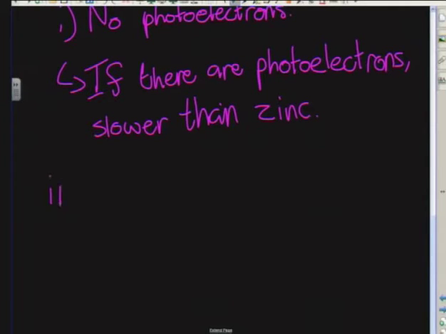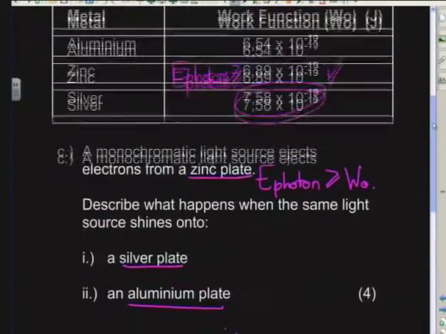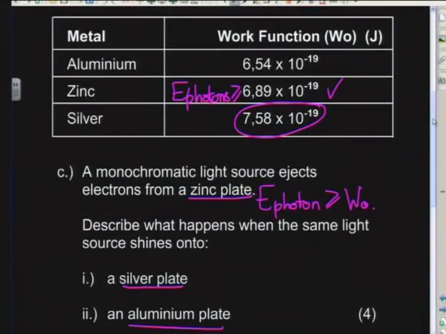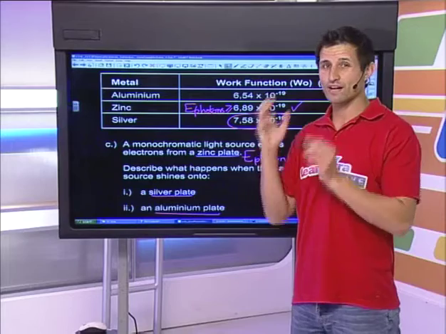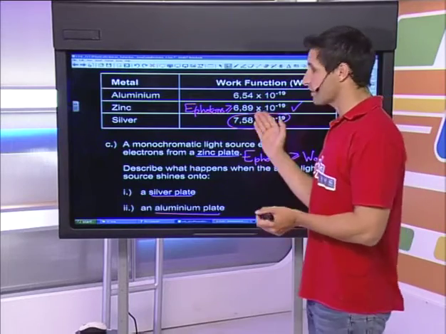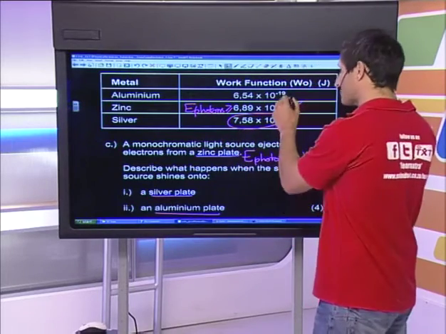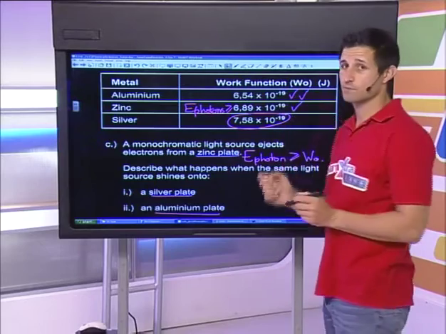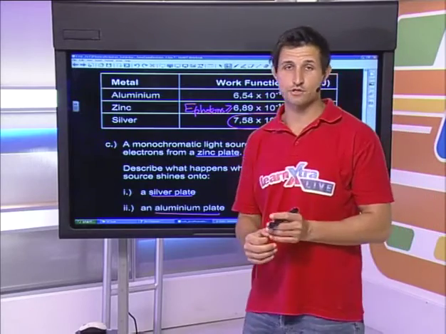Now, what about the surface of aluminium? Let's go back to our table. Aluminium requires even less than zinc. So if it's good enough for zinc, it's definitely going to be good enough for aluminium. So there will be photoelectrons.